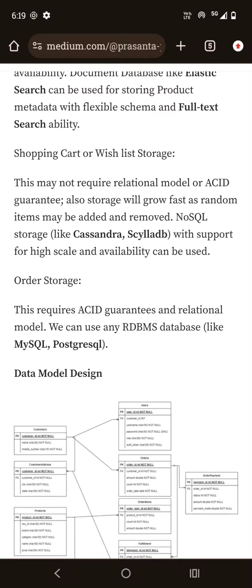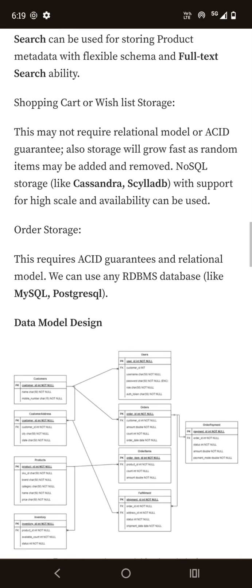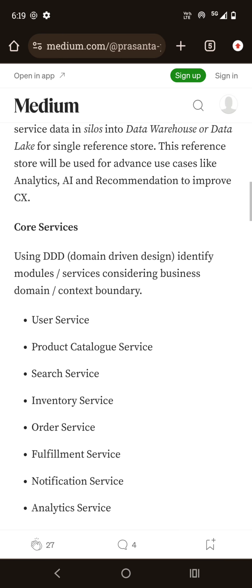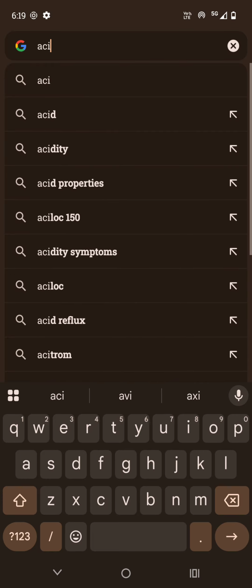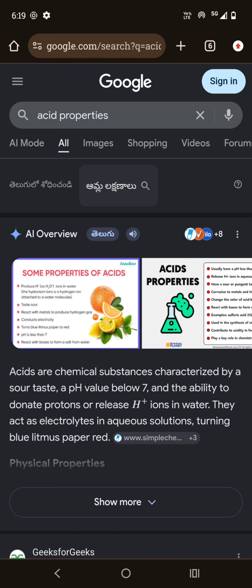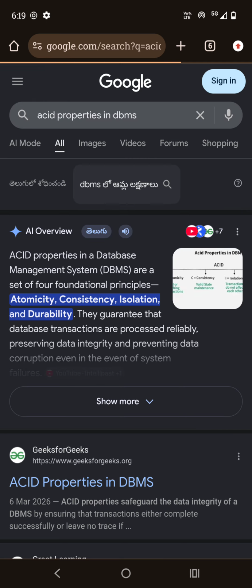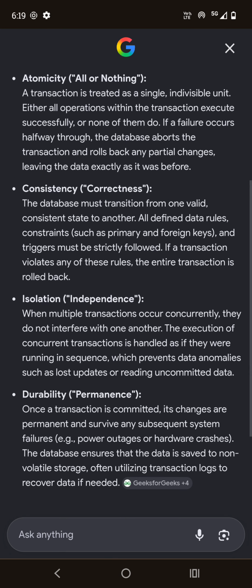Let me explain clearly: ACID properties are atomicity, consistency, isolation, durability. Isolation means independence.